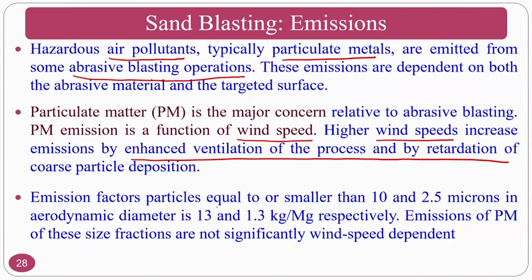Emission of particulates equal to or less than 10 and 2.5 microns in aerodynamic diameter is approximately 13 and 1.3 kg per megagram respectively. Emissions of particulate matter of this size are not significantly wind speed dependent.